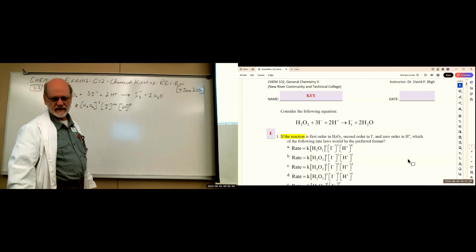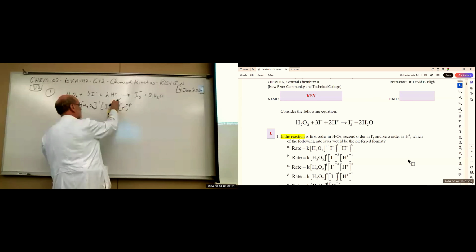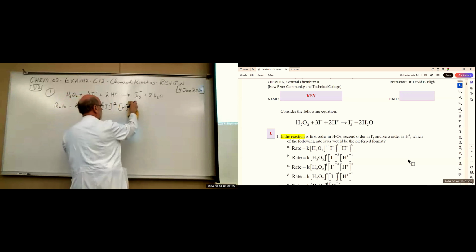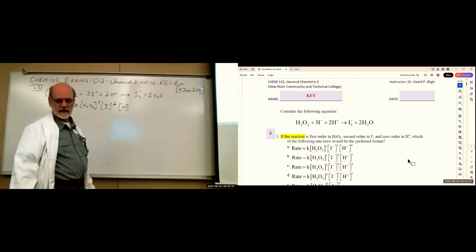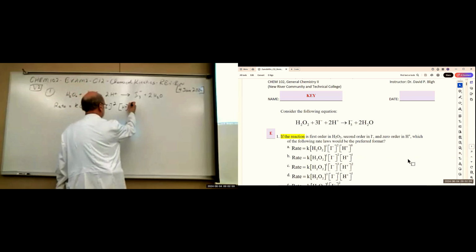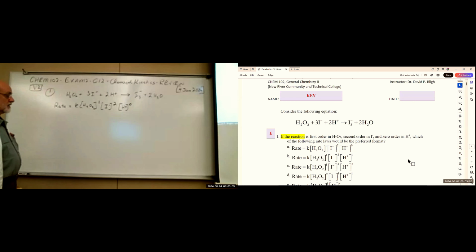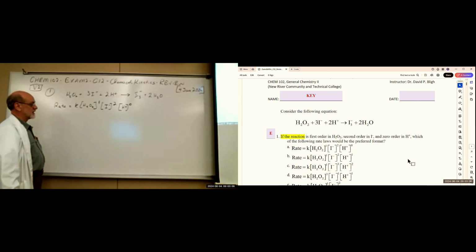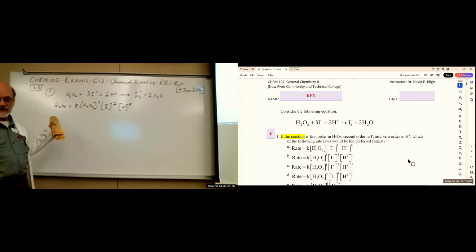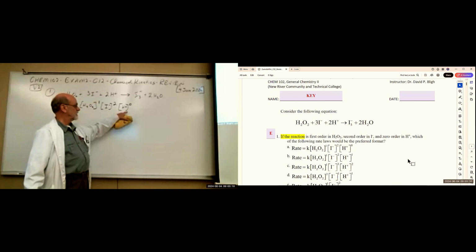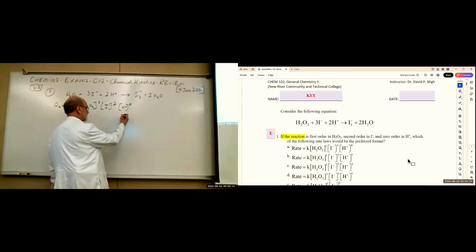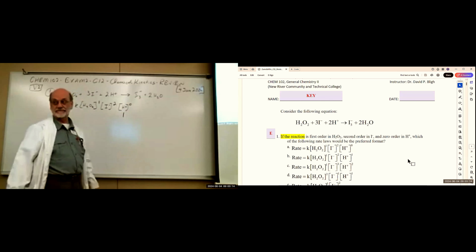Let's see, iodide is second order, right? So we put a 2 here. And what is hydrogen's? 0 order. All right. So the mistake that most students make is to pick the answer that has this one in it. But if that's 0 order, what's that equal to? 1.